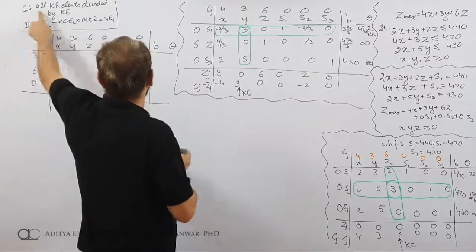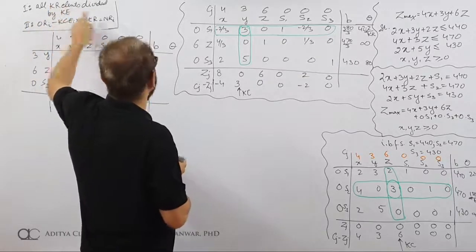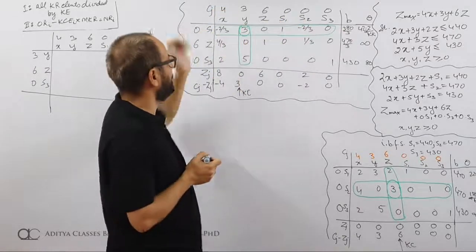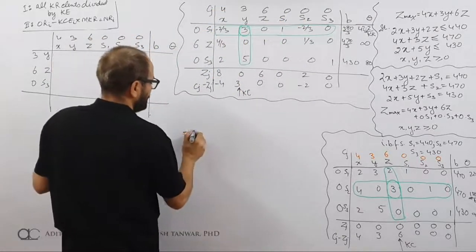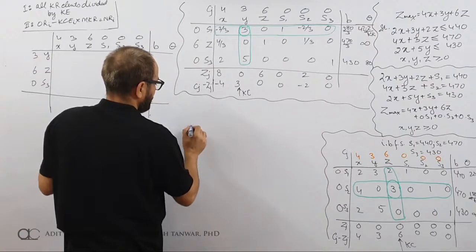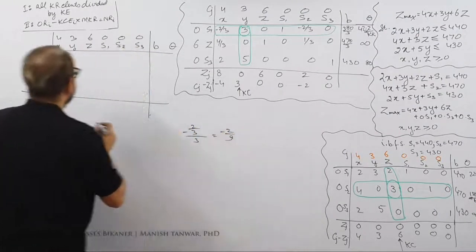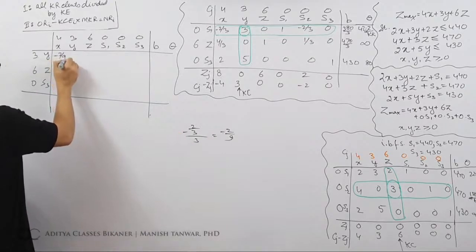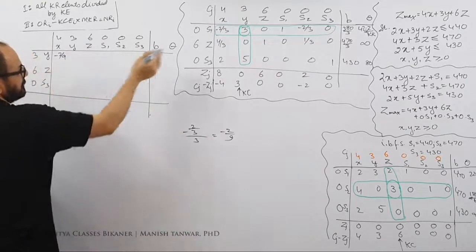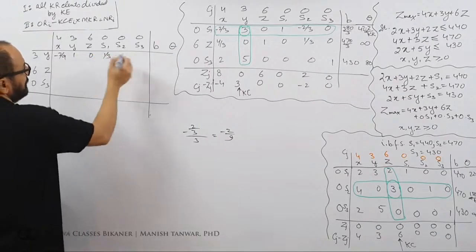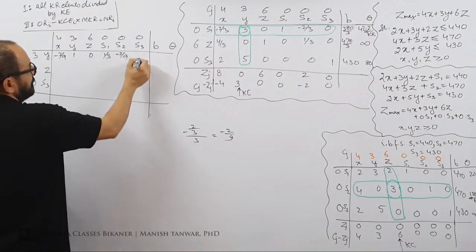The two rules are: all key row elements are divided by the key element. So minus 2 by 3 divided by 3 would make it minus 2 by 9. Then 3 divided by 3 would be 1, 0, 1 by 3, again minus 2 by 9, again 0.